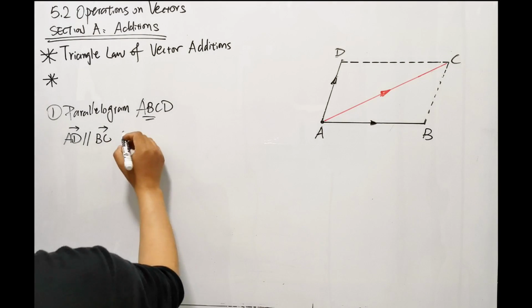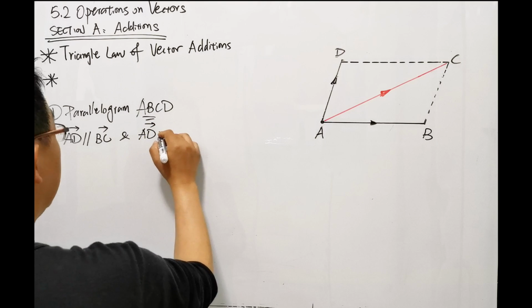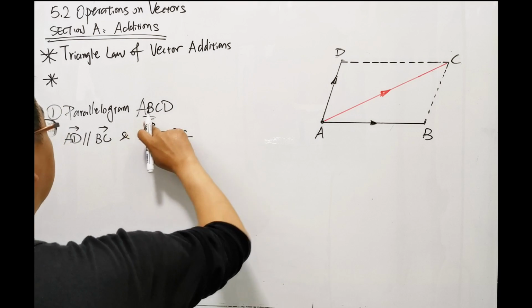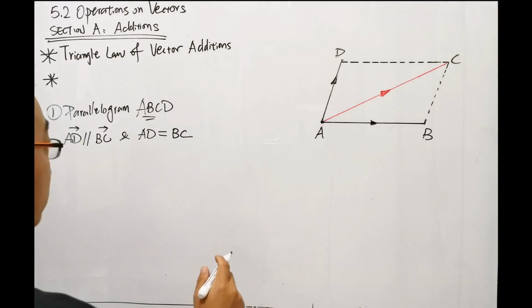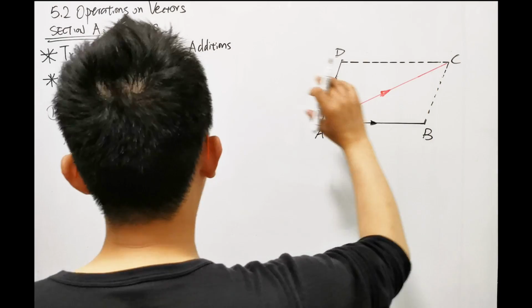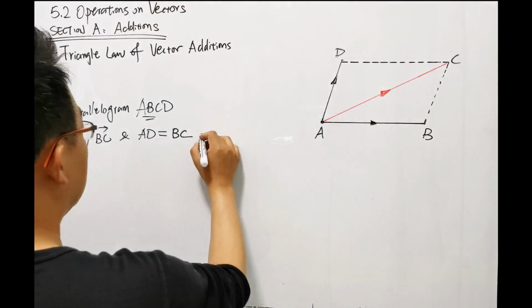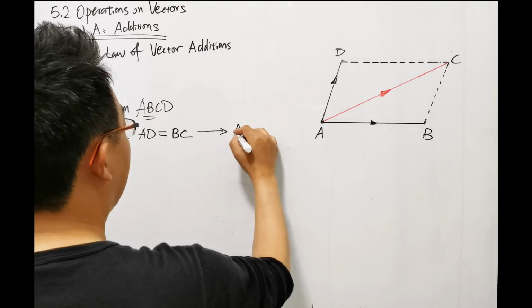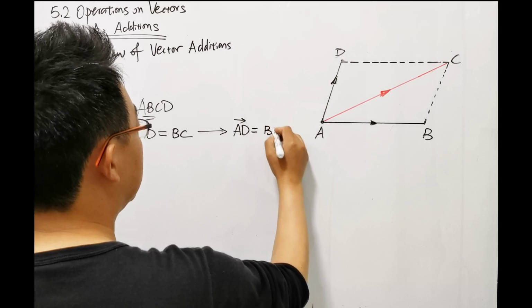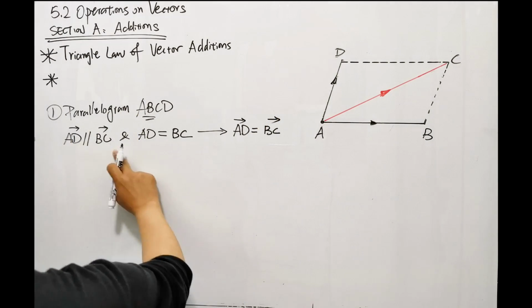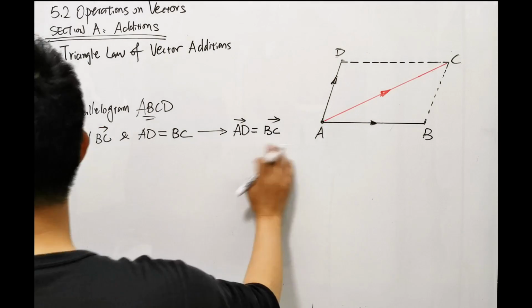Also, AD equals BC in terms of the distance, or we call it magnitude. Because these two are equal, AD equals BC. So they are the same direction, they are the same magnitude. So we find out these two vectors are the same.